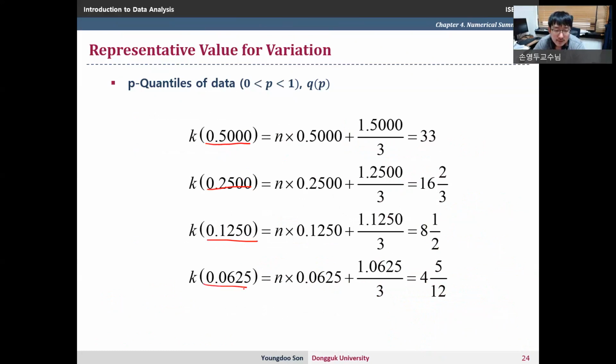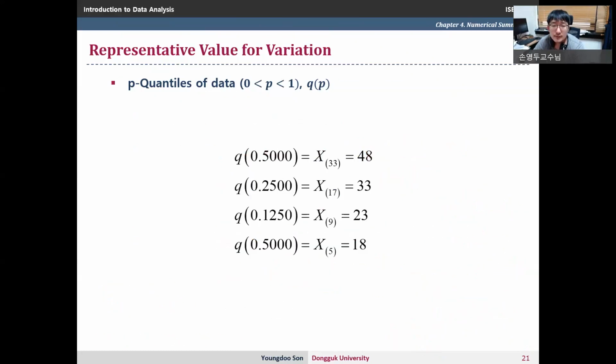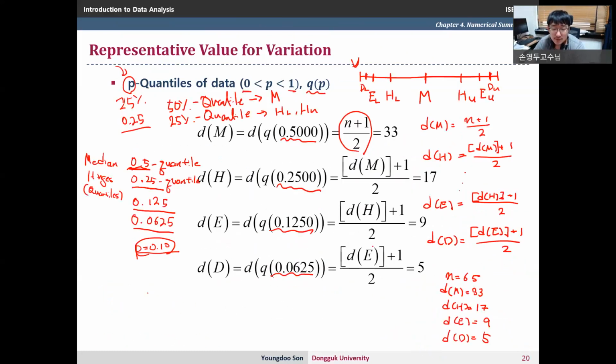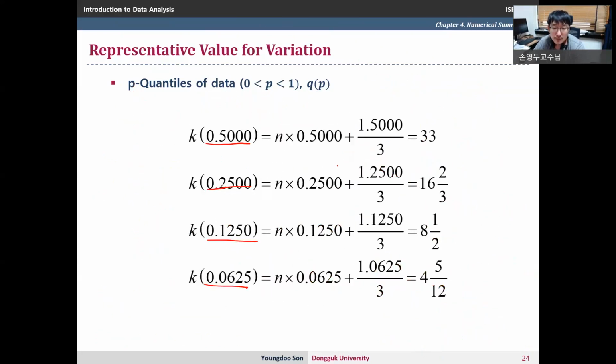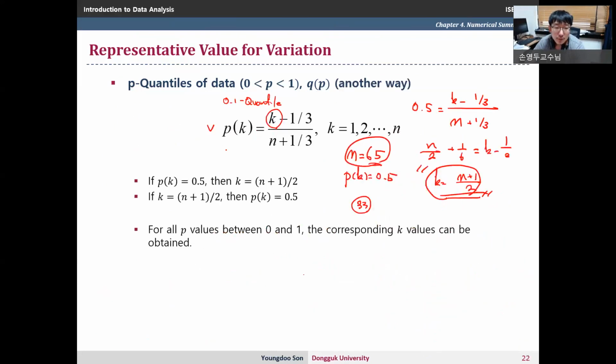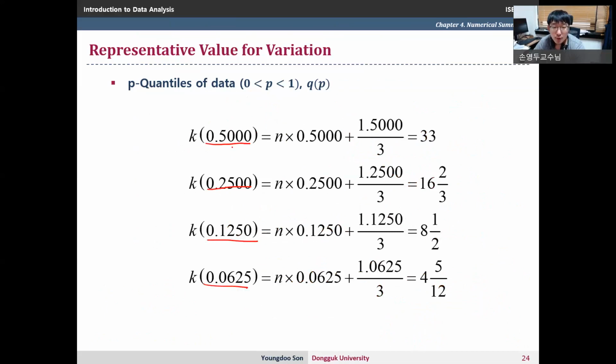It is slightly different from the earlier definition. With this formula, we can get new p quantiles of the data points. The median is the same. However, the quartile, which was originally 17, changes to 16 plus 2/3. And 9 becomes 8.5, and 5 becomes 4 plus 5/12.